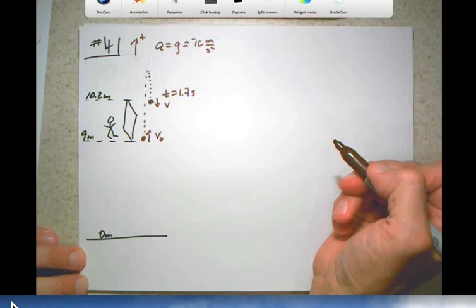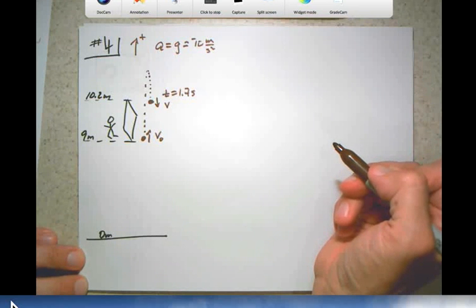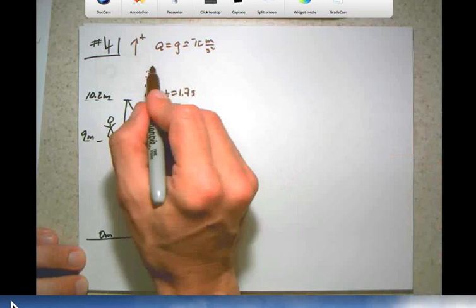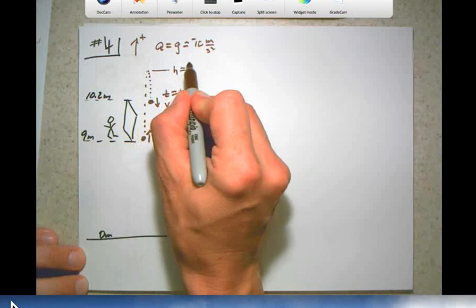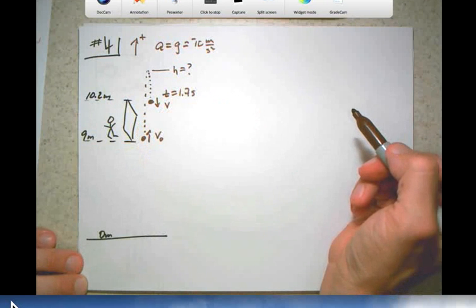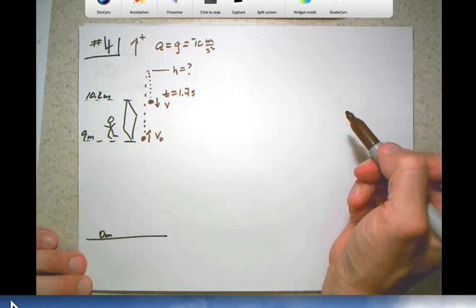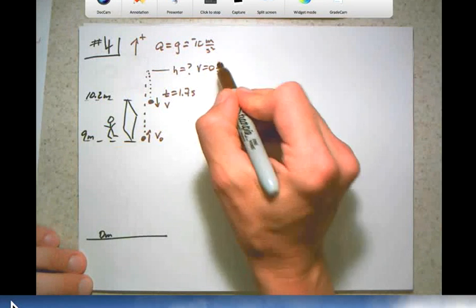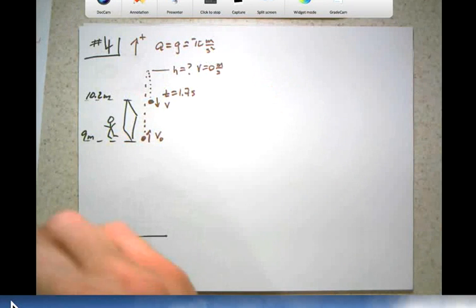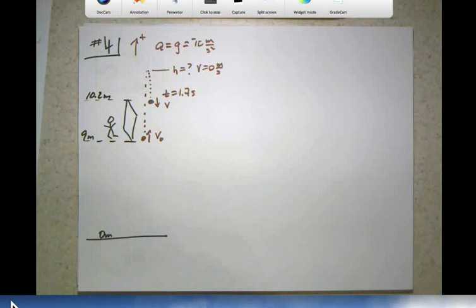What else do we know? Let's go back and review. How high did the rock rise? So at some point, we want to know what is this height right here. And we know that up here, the velocity is 0 meters per second because it's the very height of its path. So that may very well come in handy.